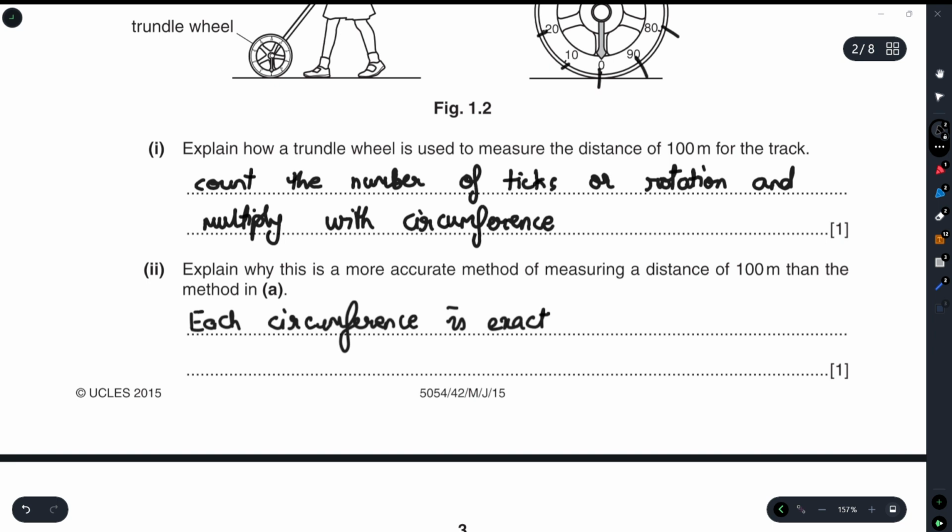So the distance covered in one rotation is exact, while the distance covered in strides may be different.